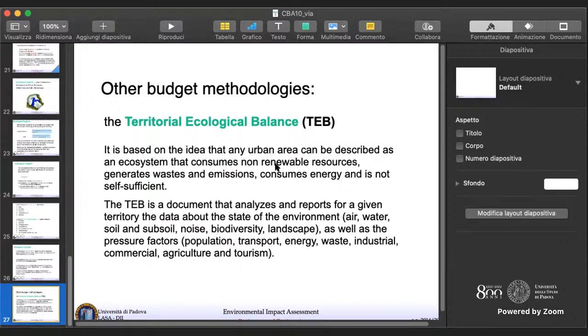So the next lecture will be a colloquial lecture in which we will try to build up the work groups, and to subdivide the class in work groups.